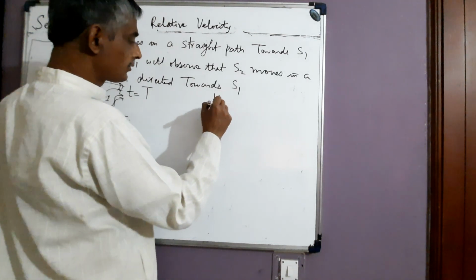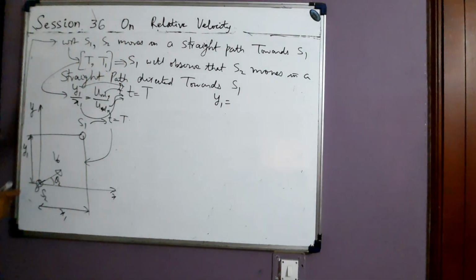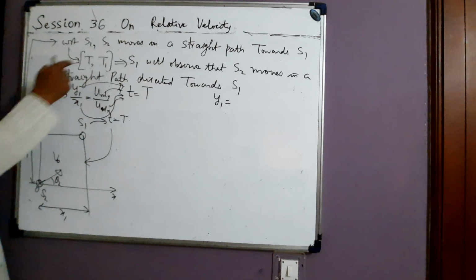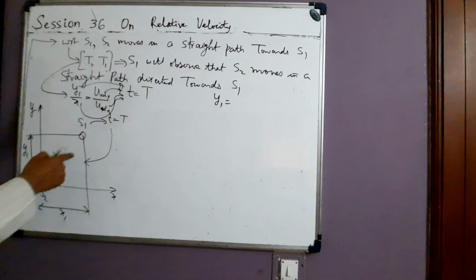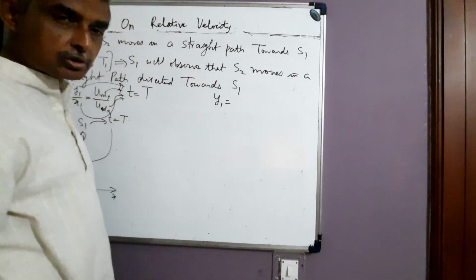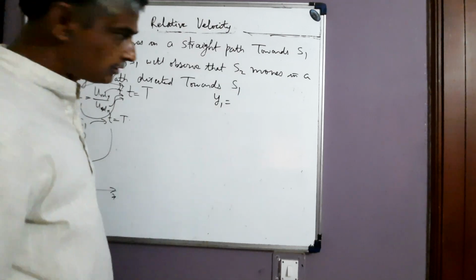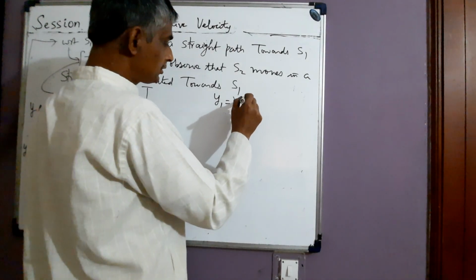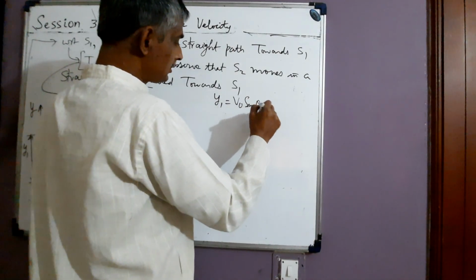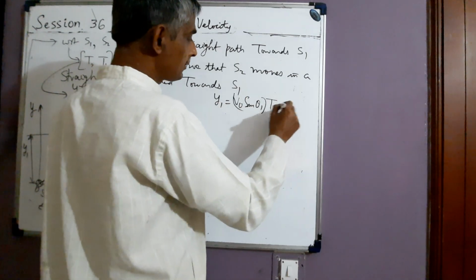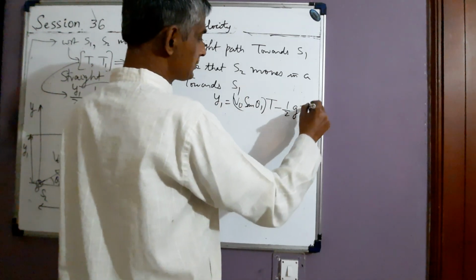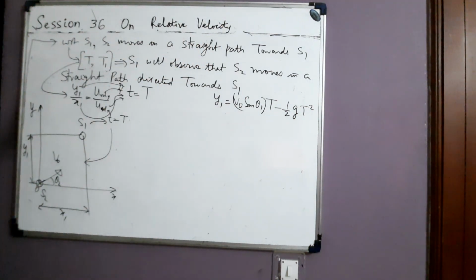Tell me. y1 is just the vertical displacement of S1 with respect to ground in the time interval 0 to capital T. So y1 will be found from the laws of projectile motion, ut plus half at square in the vertical direction. So v0 sin theta 1 into T minus half gT square, that is y1.